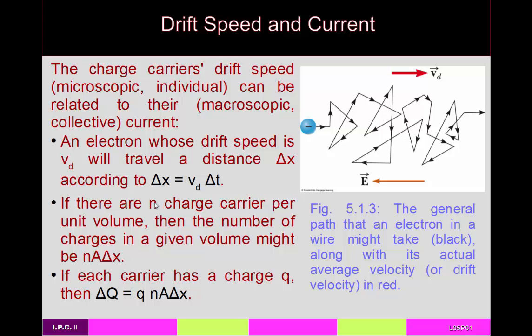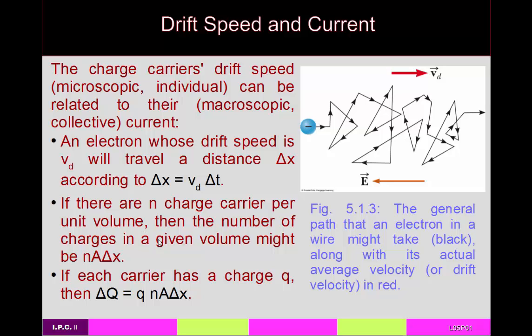And within a conductor, there are going to be many charge carriers. Usually we use big N to represent the total number, and we use little n to represent the charge carriers per unit volume. That means how many electrons per, say, cubic meter or per cubic centimeter or what have you.